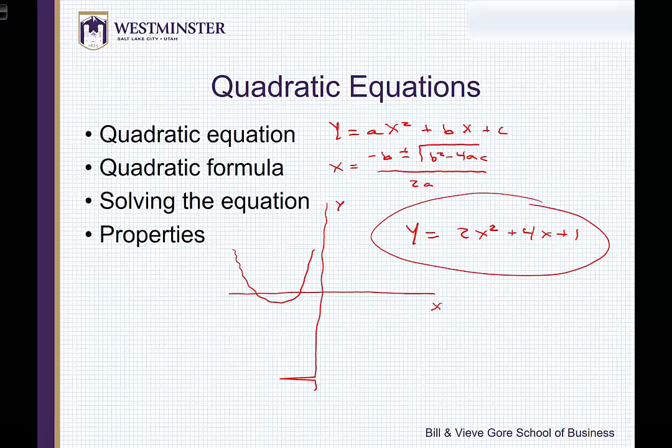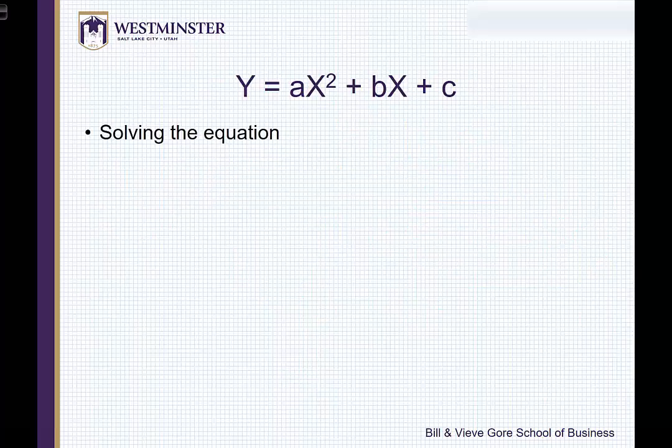We'll talk about its properties, and then we'll graph it with a table and such. So solving the equation: again, my equation was y is equal to 2 times x squared plus 4 times x plus 1.